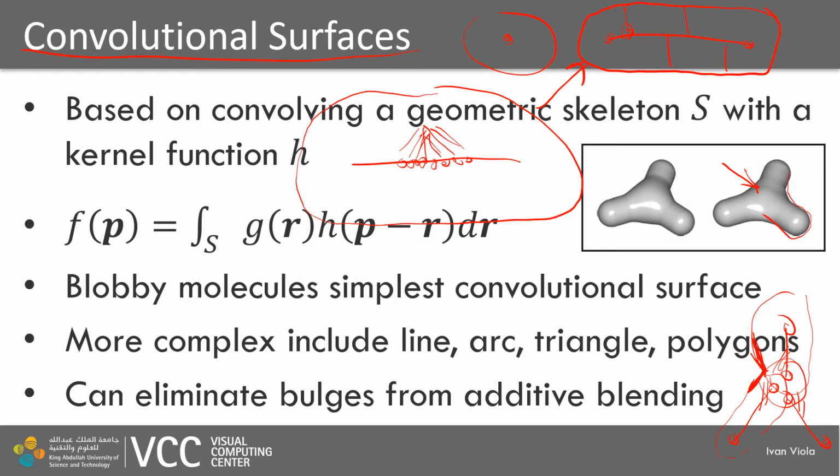So if we have a union of three small line segments, as shown here, then the union will result in sharp borders here and not as nice a smooth blend. Sometimes it might be desired, and therefore we also use such a max operator. But if we use additive blending, then convolutional surfaces will result in a smooth transition between the individual line skeletal elements and will result in the least bulging.